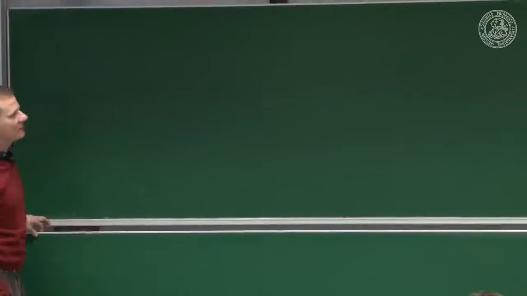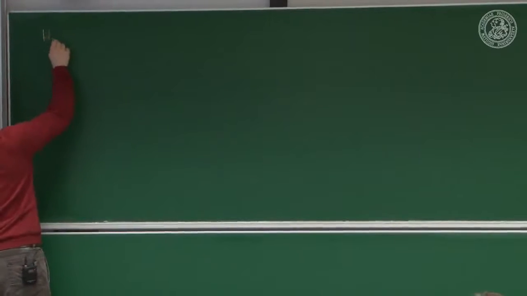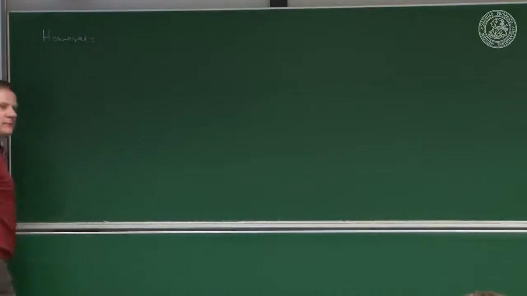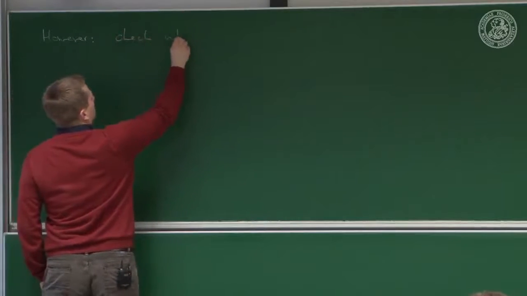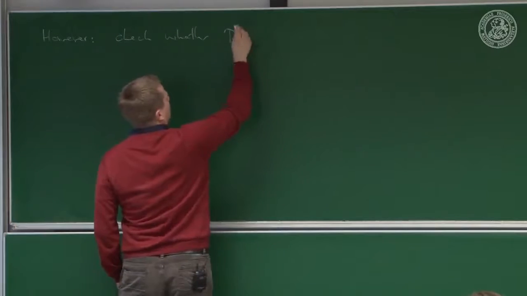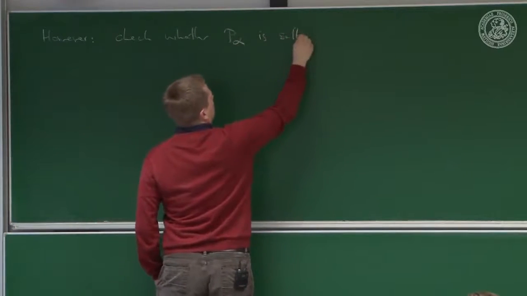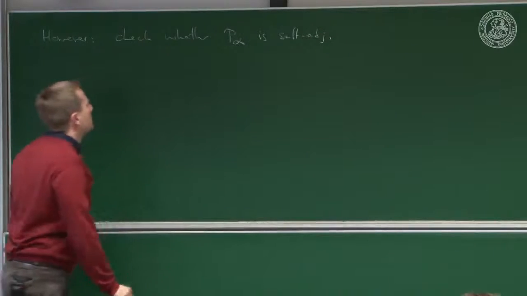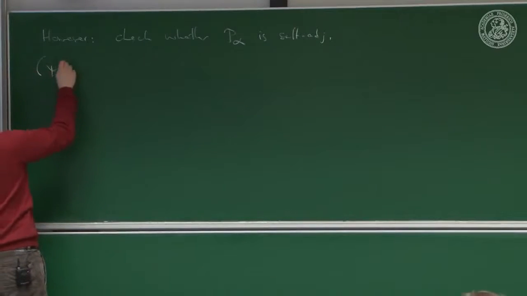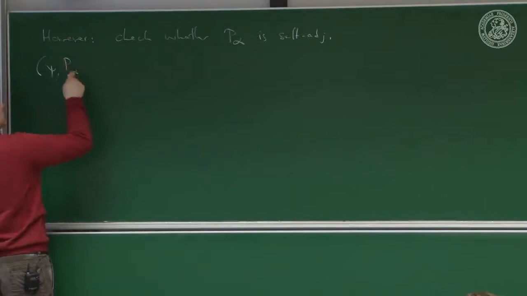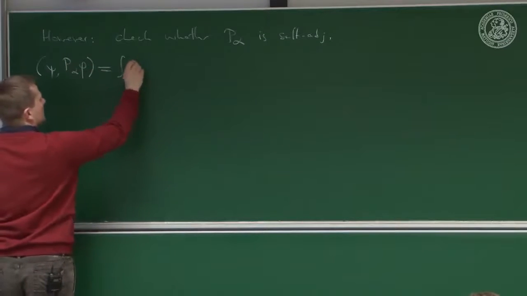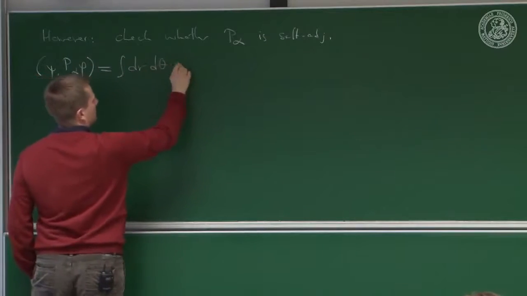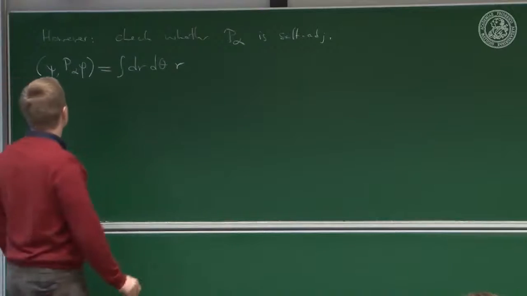Well, this, however, was a little premature because everything was still fine. Now, really, using this inner product, we can check whether, for instance, our P alpha is self-adjoint. So what do we check? Psi, P alpha phi, with respect to r and theta. This is the integral dr d theta r, that's our volume form.